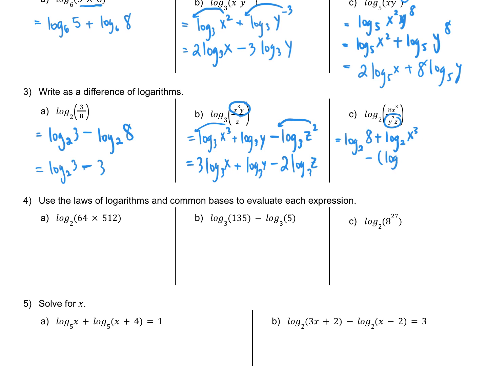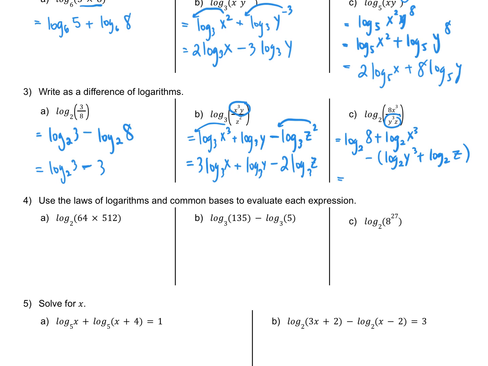And the denominator is going to be log base 2 of y cubed plus log base 2 of z. Now, if you didn't want to put these brackets, you could have just gone straight to subtracting both the y and the z term because they are in the denominator. I just wanted to show this step first.